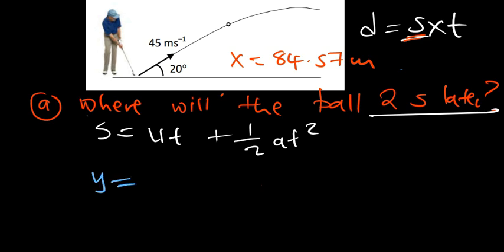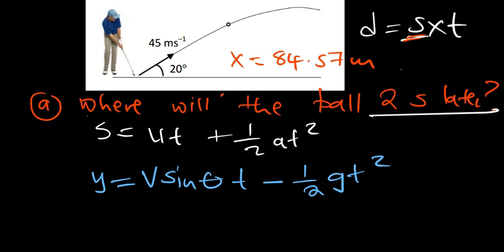The initial velocity in the y, how is it going to be? It's going to be v and then sine of the angle and then multiply by time. Since we're going up, the gravity is negative and then time squared. So y is equal to, so y is representing the distance to be covered in the y, and then we now understand this is going to be 45 sine of 20 degrees.